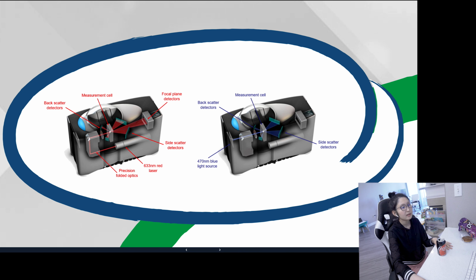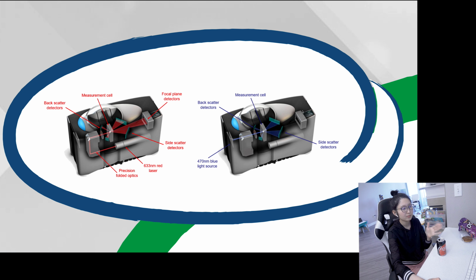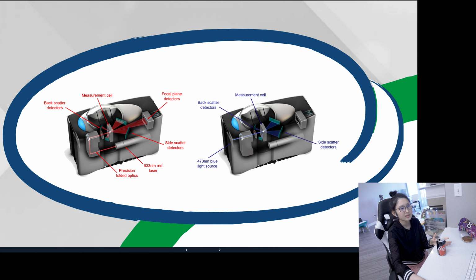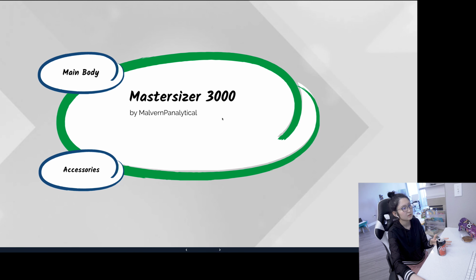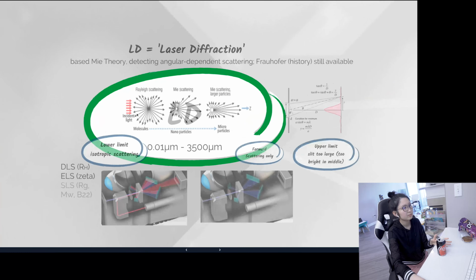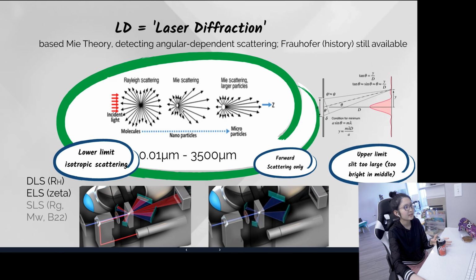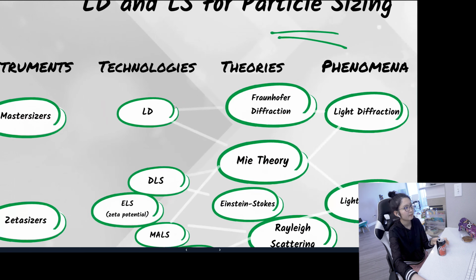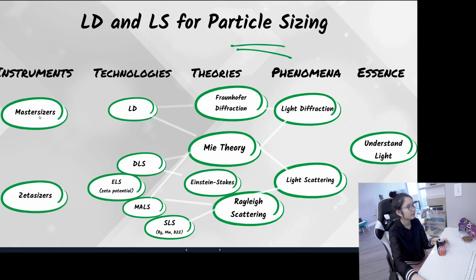And for blue lasers, we didn't use a focal plane detector because when you're using blue light, you really want to target the smaller particles. And for smaller particles, the forward scattering is not important. Just to let you know why, it's the larger particles that have more forward scattering light. Okay, just a little bit more detail here.